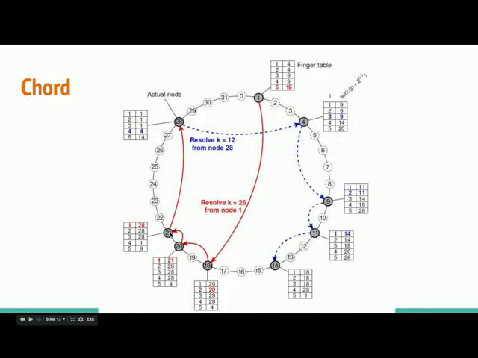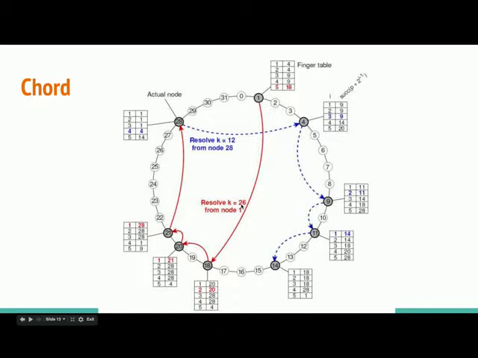Okay. 21 says, well, my first one is 28, meaning my next node is taken care of from myself 21, but I have 21, so from 22 to 28, he has it. So this one goes to this one. So this one actually has this 26, right?